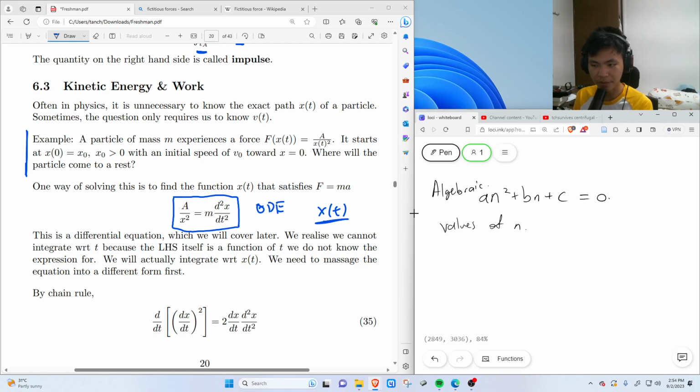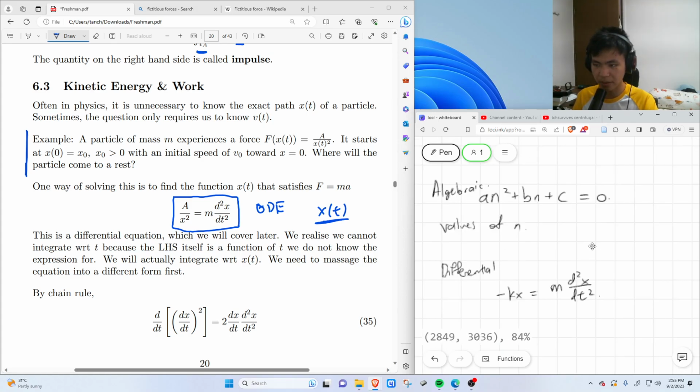Now, when we go to differential equations, perhaps you're given something like minus kx equals m d squared x over dt squared.